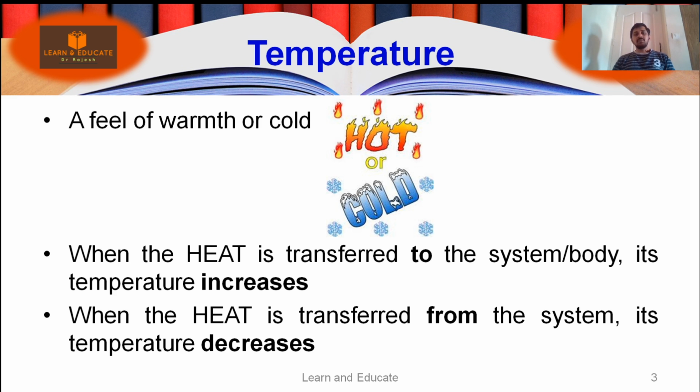But whatever we feel with our senses may or may not be right, because in the same room, if you have a wooden chair and a metal chair, the metal surface may feel more cold than the wooden, right? So it is a sense perception of the temperature.